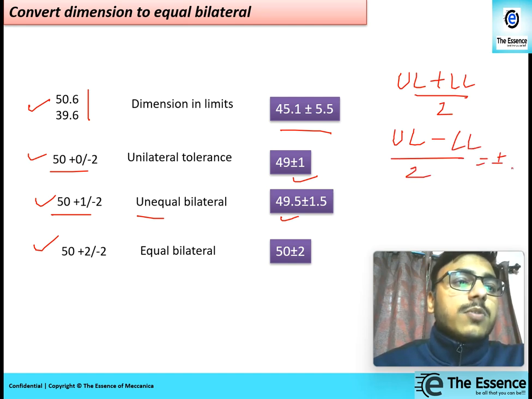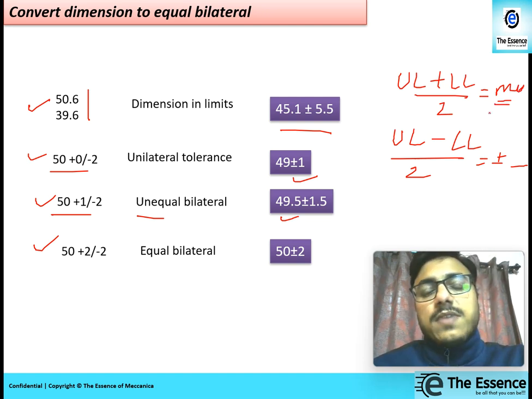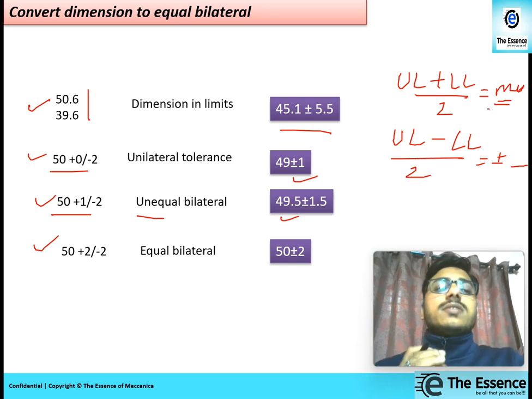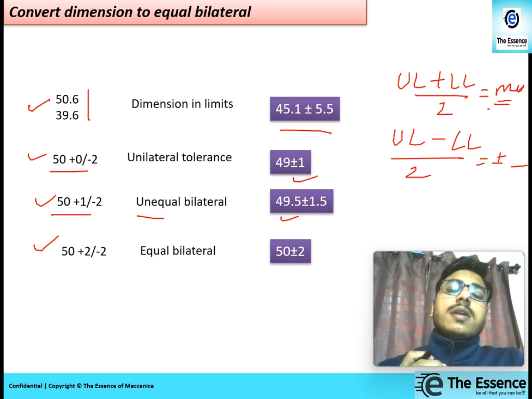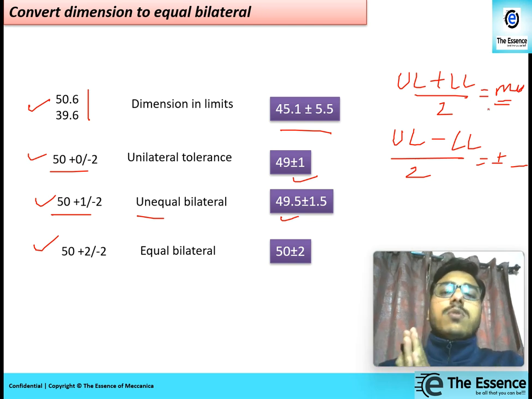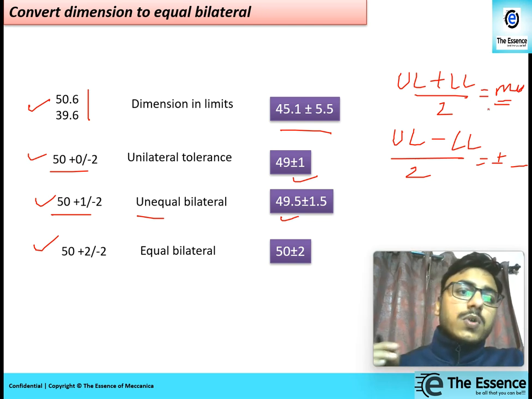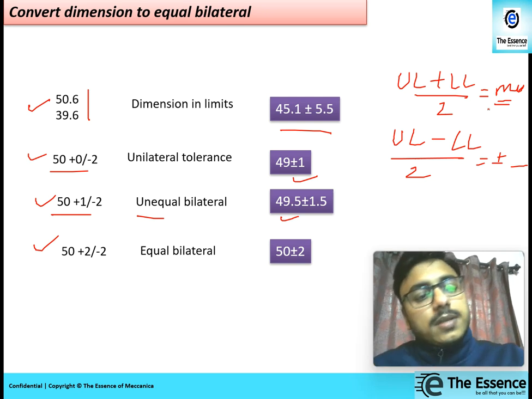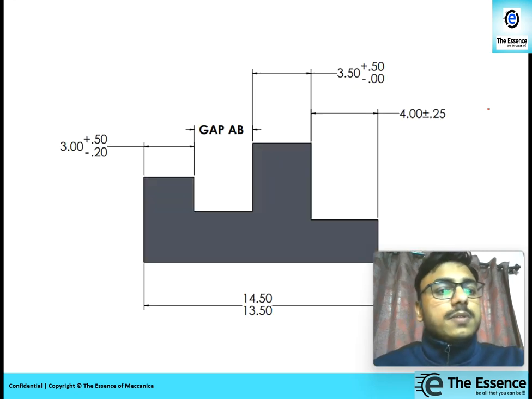This will be the plus or minus tolerance and this will be the mean value. In this way we can calculate them. So every time when we start doing tolerance stack up analysis, we have to convert all these tolerance systems into equal bilateral system first. So let us start our first example, this one.